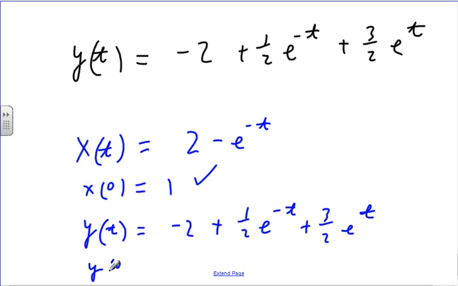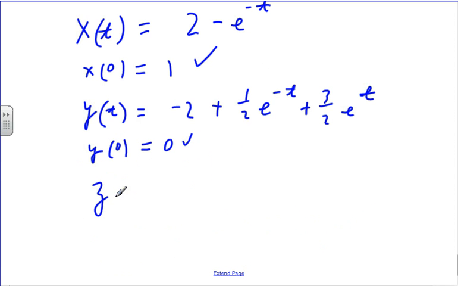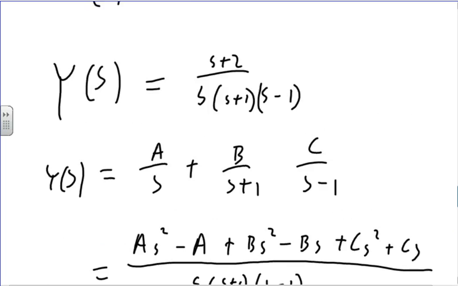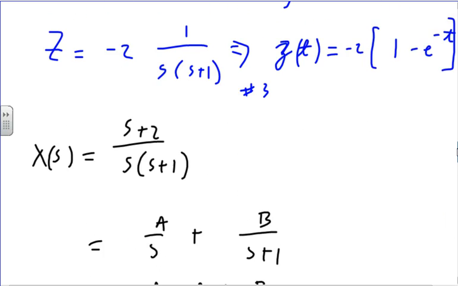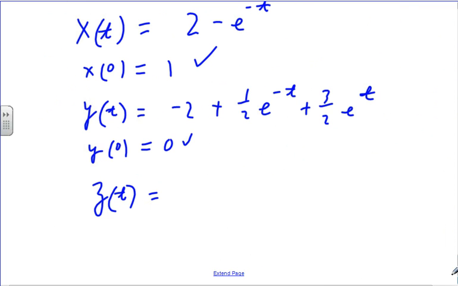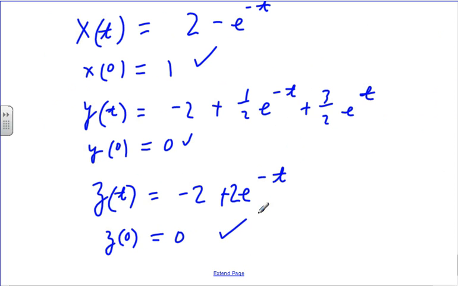Y at 0 is 0. Check. Z of t is equal to, where's z of t? Minus 2 plus 2e to the minus t, and z at 0 is 0, check. Okay, so all our initial conditions check.